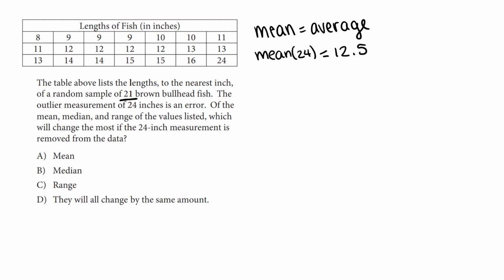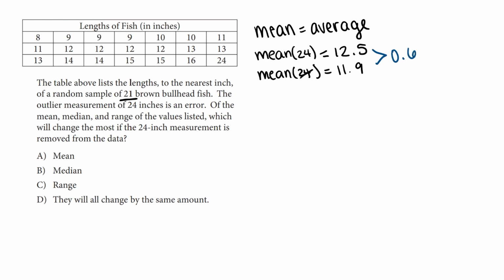Now when we exclude the 24, make sure that we're not dividing by 21. We're dividing by 20 because now we're only counting 20 fish. So our mean when we exclude the 24 is 11.9. And we want to know which will change the most. So we see that our mean will change by 0.6.